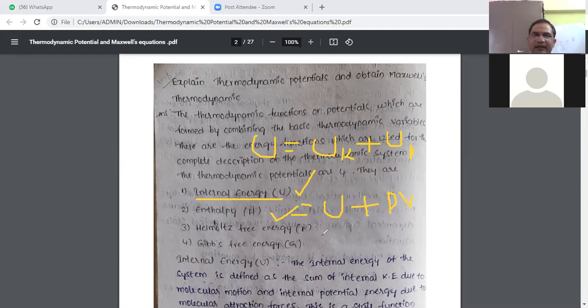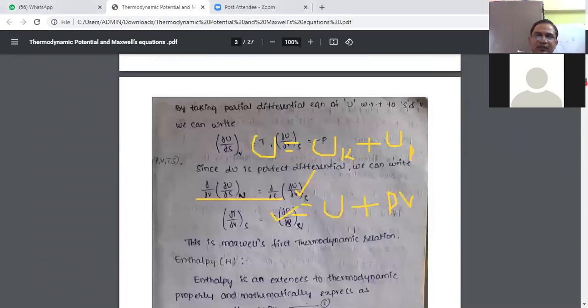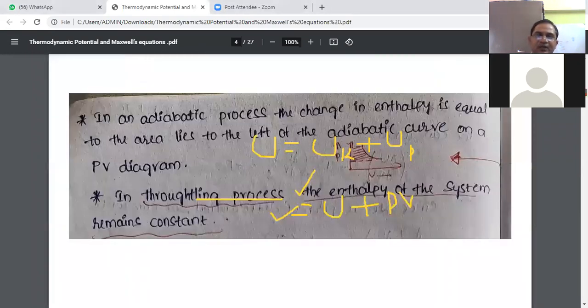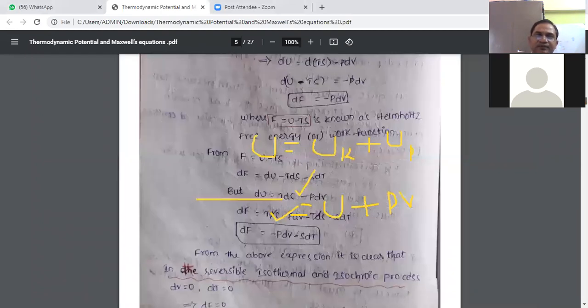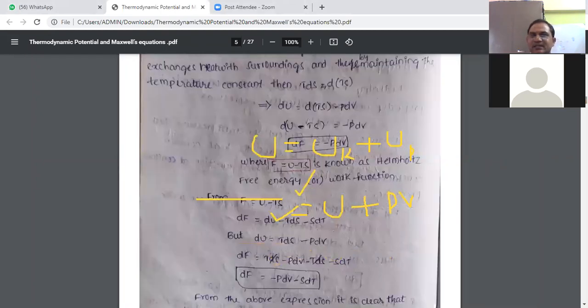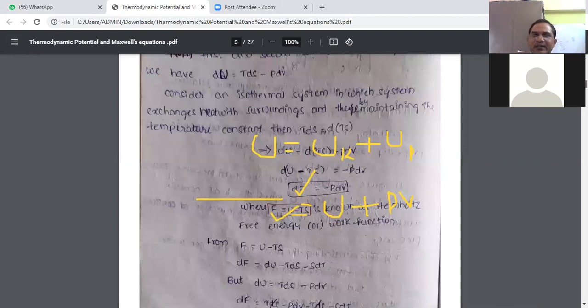Clear? The third one is the Helmholtz free energy, the third scalar energy function or thermodynamic potential. F is equal to U minus TS.